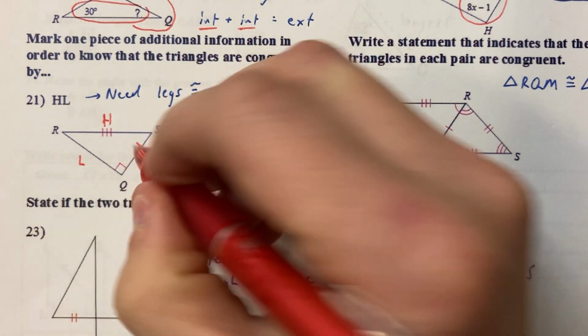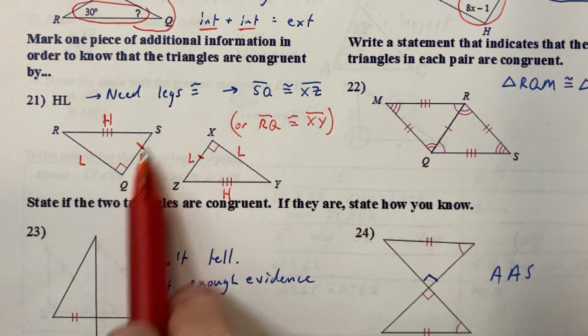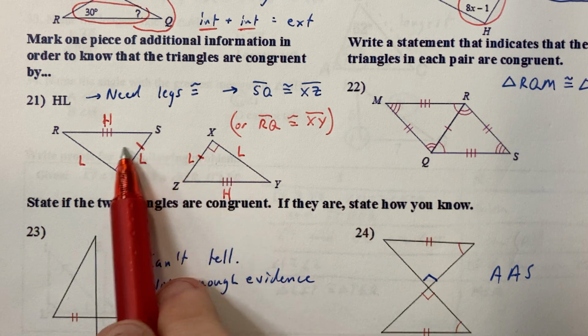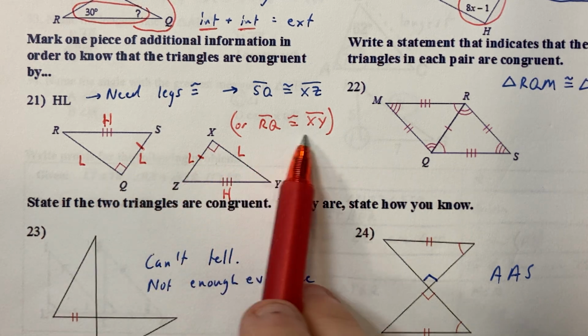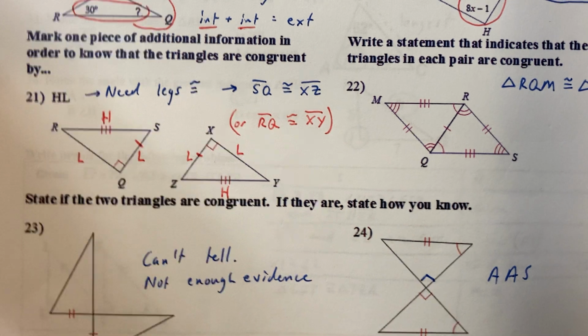And it looks like this leg is probably going to match up with that leg. So you could say SQ is congruent to XZ. That would work. Or you could use the other legs and say that. Either one works. Do you understand the difference between a leg and a hypotenuse in a right triangle? Ask yourself. Study the problem if you don't.